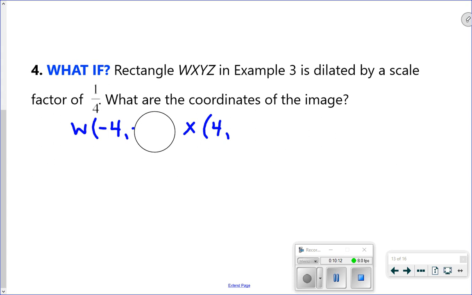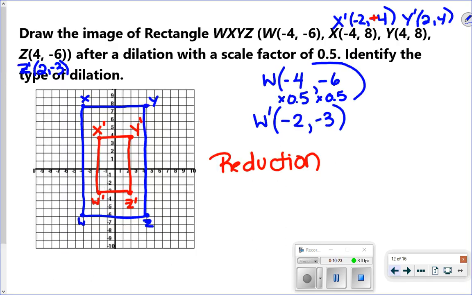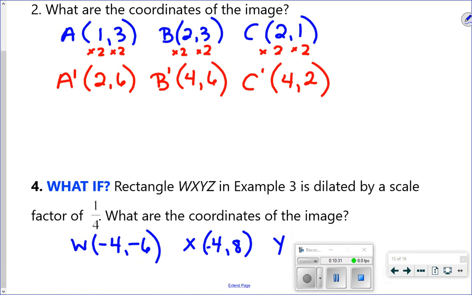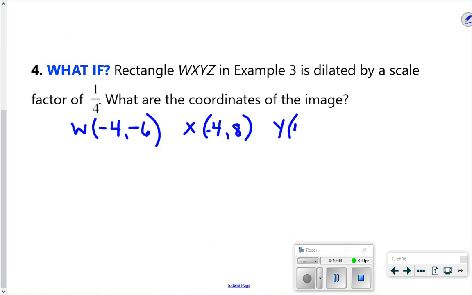So this one should have been a negative 6. And this one should be a negative 4, positive 8. Okay, and then let's see, for Y, we had 4, 8, and then 4, negative 6 for Z. Okay, go ahead and pause the video, try this one.